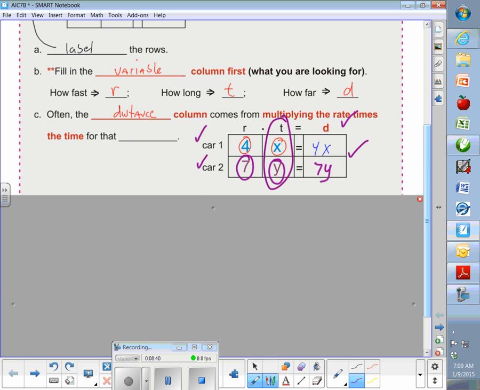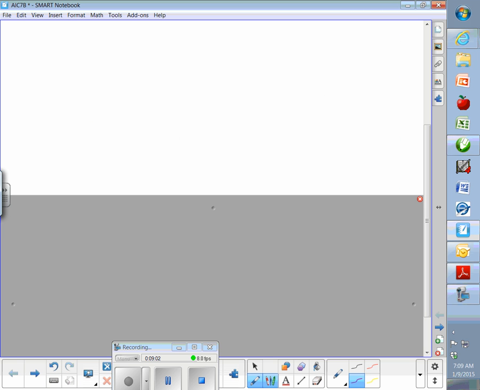That'll leave you 4 boxes. Look back in the problem. It'll tell you a couple other things. In this case, we knew the rate. How would you get the distance? Rate times time is distance. And you now have a completed chart. So again, pay attention to detail, and you'll be in good shape.